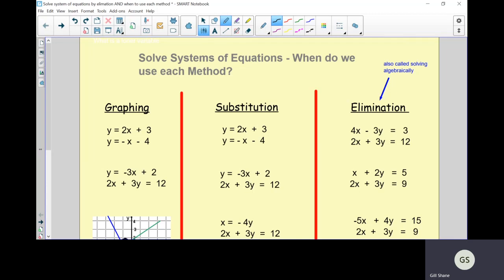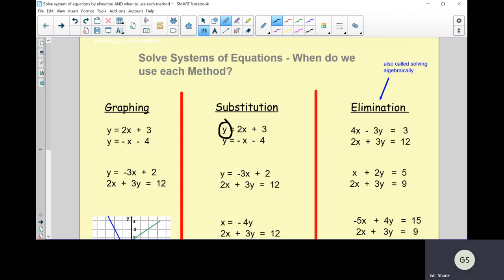So if you really like substitution, I would just say use substitution all the time, unless it tells you to graph it. Again, we have y equals mx plus b, y equals mx plus b. The key to substitution is as long as you have at least one of the variables isolated, it's all by itself.